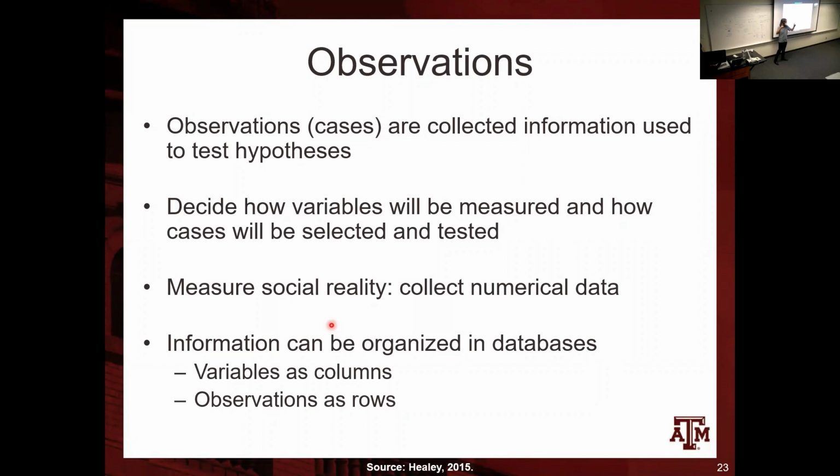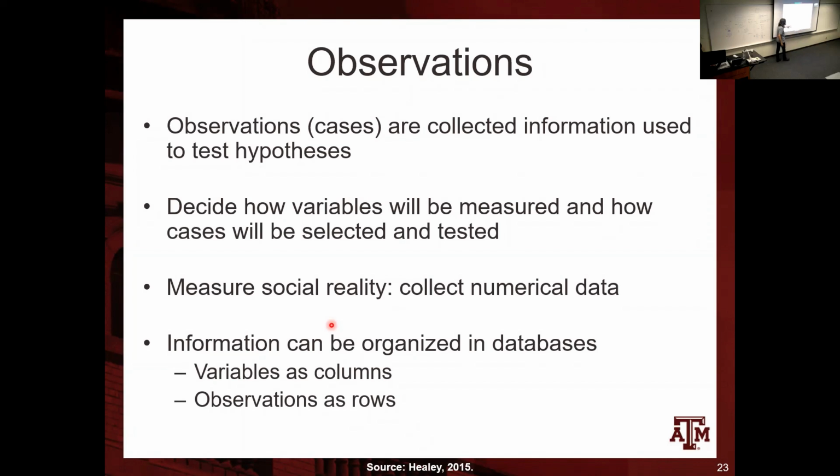Sex is collected in a numerical way, usually 1 female, 2 male, for example. Race and ethnicity, the same thing: 1 non-Hispanic white, 2 non-Hispanic African American, 3 Hispanic, 4, and so on. So we collect all this information, and it's organized in a numerical format for analysis.